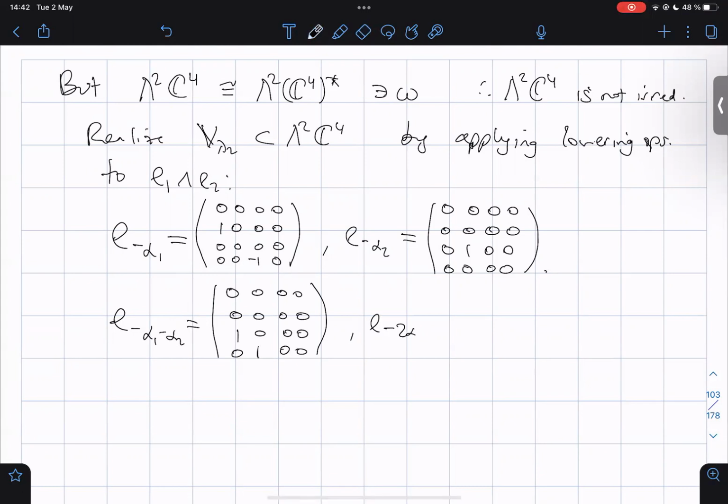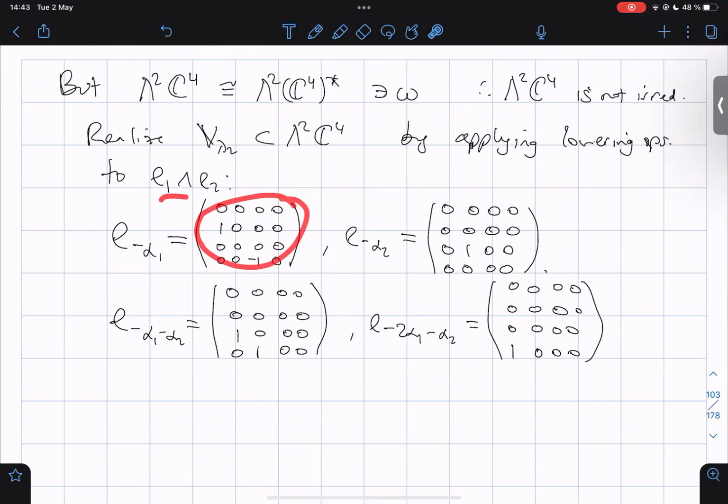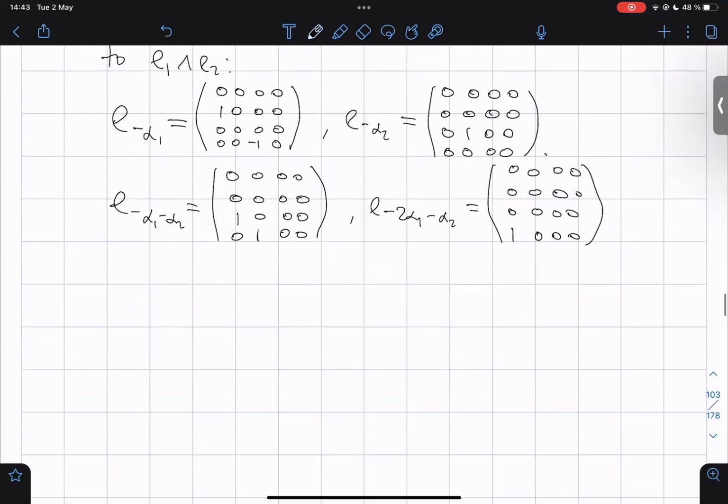And lastly, this guy. These are all written out in the E1, E2, E3, E4 basis. So these tell me how to act on these guys. You can build a little table just as we've done in other examples.